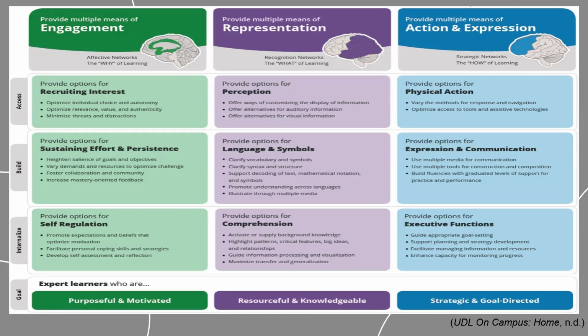So when you are focusing on the engagement principle, you are focusing on the why of learning. Why is this important to the students? When you are focusing on the representation principle, you are focusing on the what of learning to the student. And then when you are focusing on the action and expression principle, you are focusing on the how of learning.